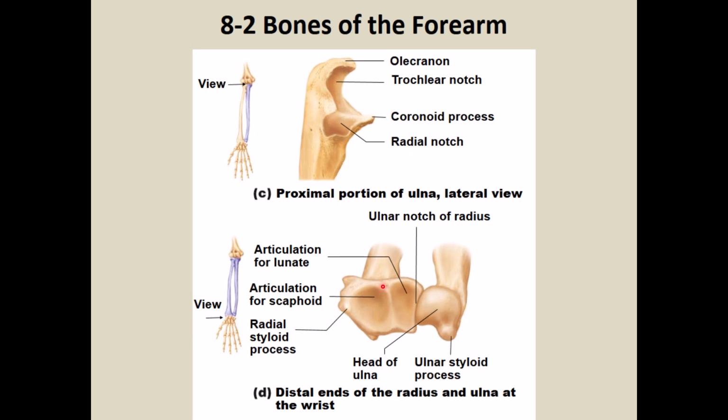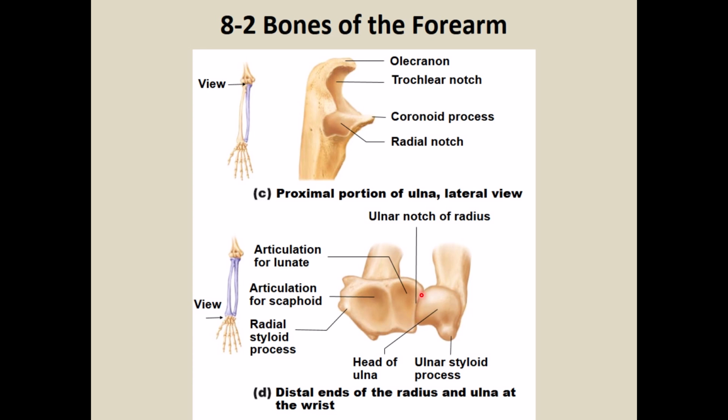And if you look distally here, you can see the radius is bigger than the ulna. So this is the head of the ulna. This is the distal part of the radius. This is the radial styloid process located laterally. This is the ulnar styloid process located medially. And this is the ulnar notch now.